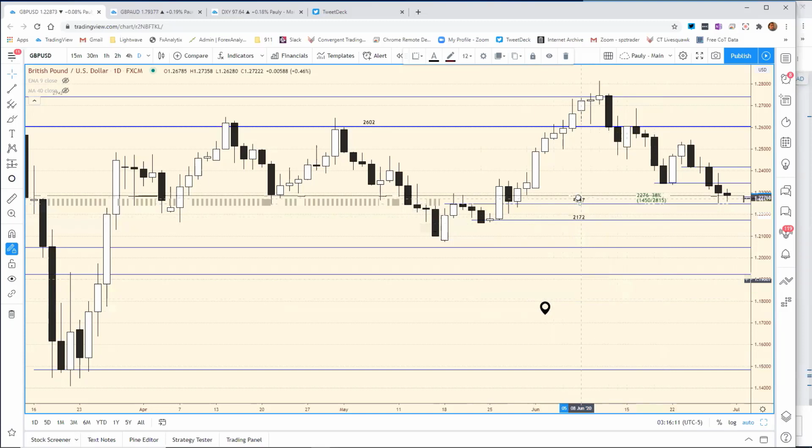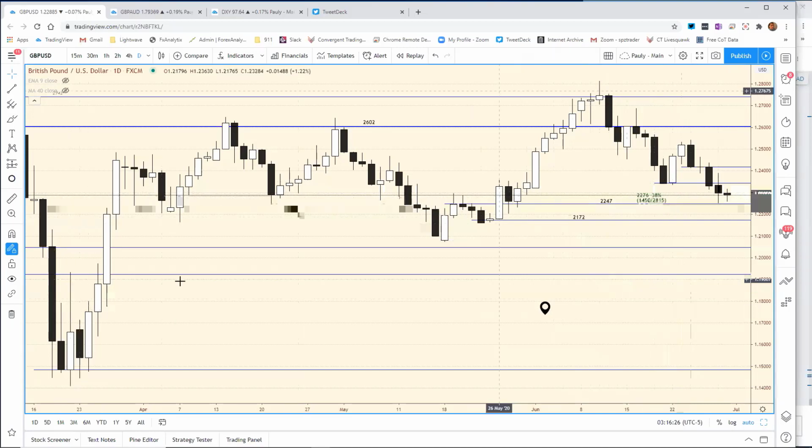Bear with me. We've come into some nice confluences. As I mentioned, the 2276 here with the 38% of the move from 1450, also the 78% back from the lows right here at 2072.